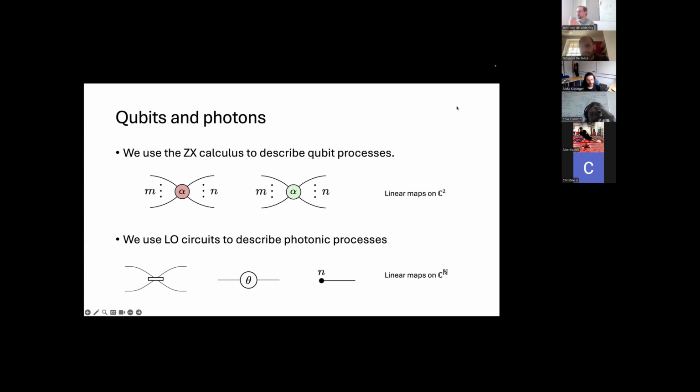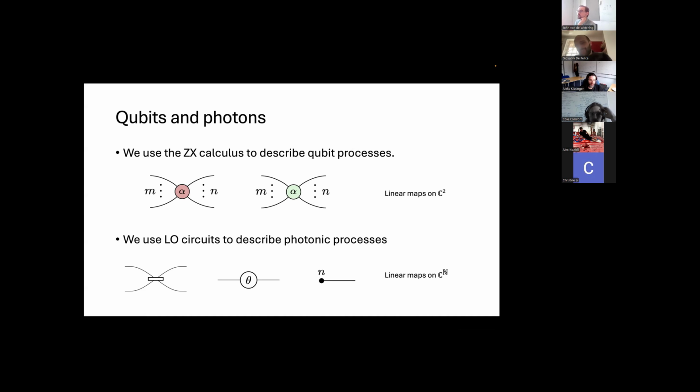Here I'm saying these are linear maps on C to the n, in the sense that they are linear maps on a vector space where the basis is generated by the natural numbers. So this black dot with the number n represents a basis state of the bosonic mode. A bosonic mode is the space which is just generated by all the natural numbers.